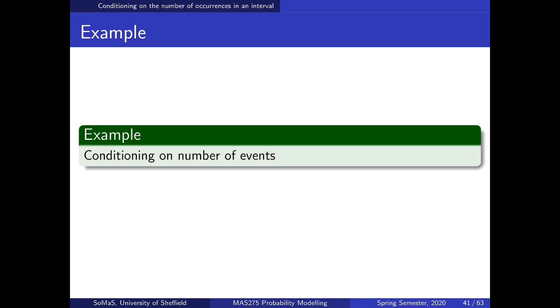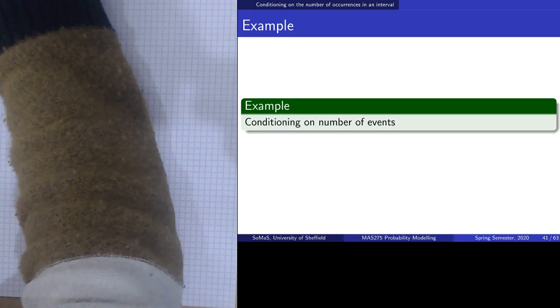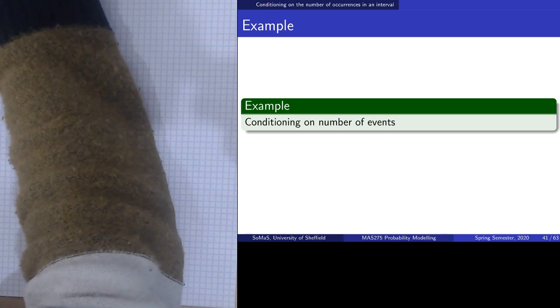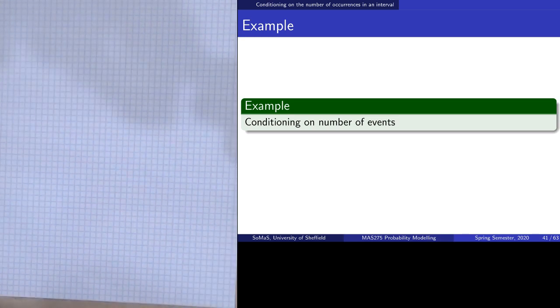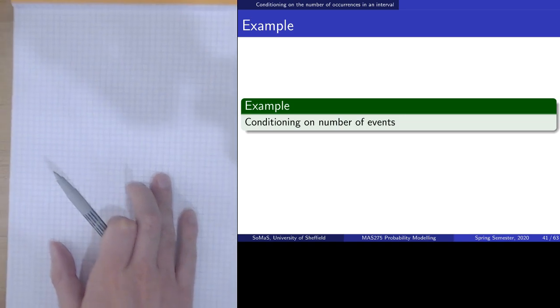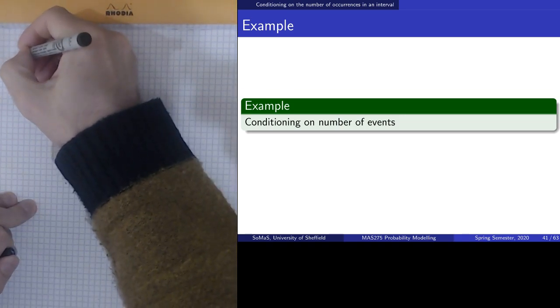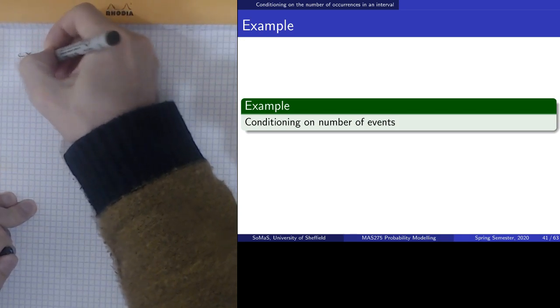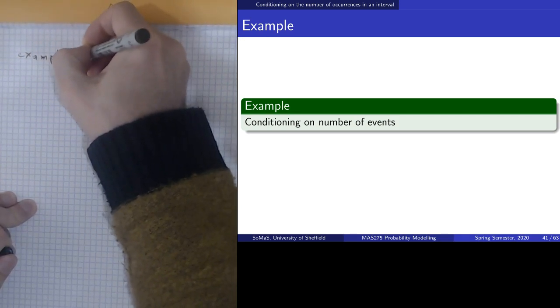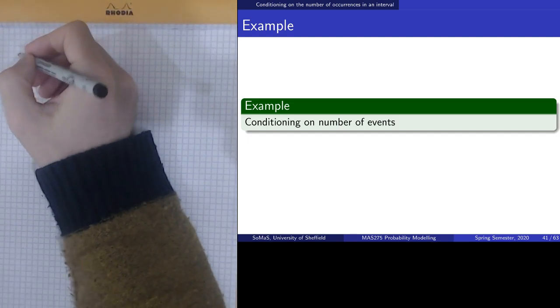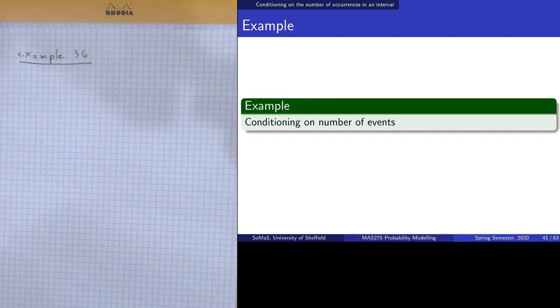So let me give you that. Example 36. So we do this thing where we condition on the number of events.